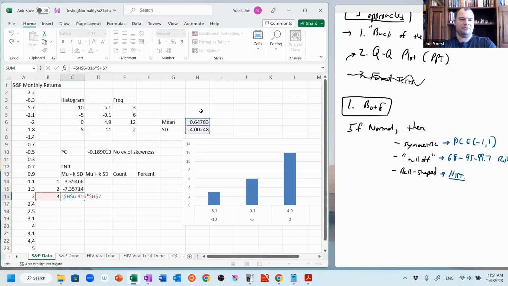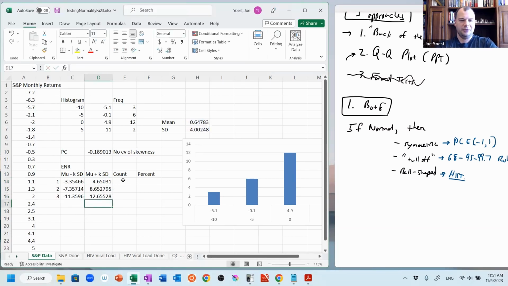So down here, I have mean minus 3 standard deviations. And then for the mean plus 3 standard deviations, so mean, and I'll block that, plus this number of standard deviations. I'll drag those down, just double check, and it looks like everything worked out right.